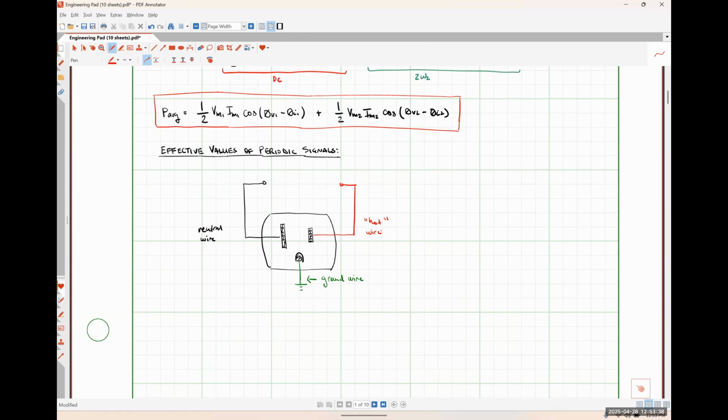We aren't required to ground everything. It's usually for safety purposes, and talking about ground requirements could literally be an entire course of its own.